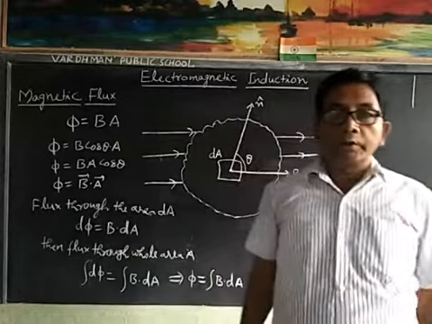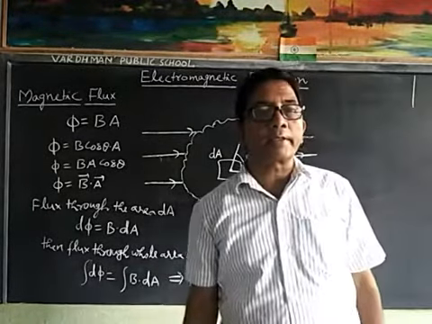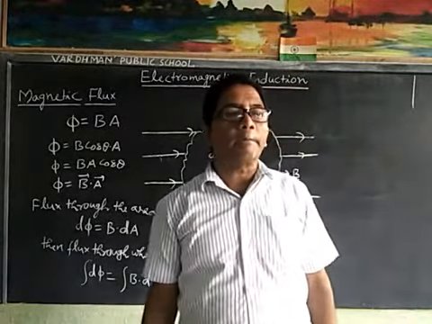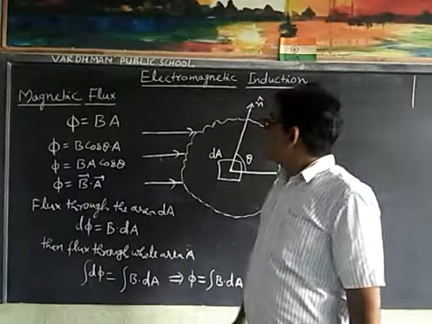What is the unit of magnetic flux? The SI unit of magnetic flux is Weber.